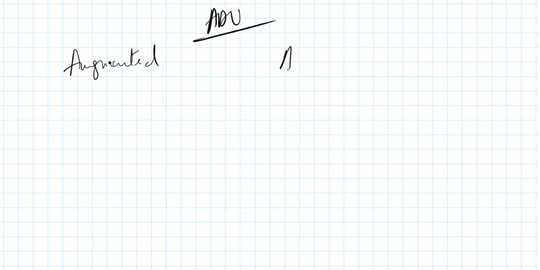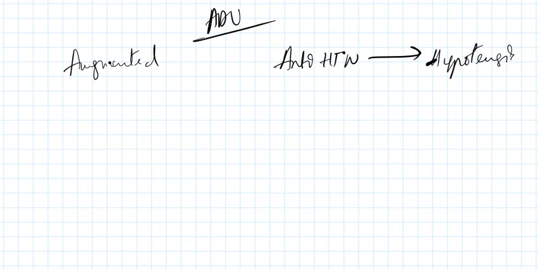For example, antihypertensive drugs causing hypotension. The action of the drug is to decrease the blood pressure, but continuous or abnormal decreasing of blood pressure leads to hypotension. So the normal action of the drug itself produces the abnormal side effect, that is hypotension here.